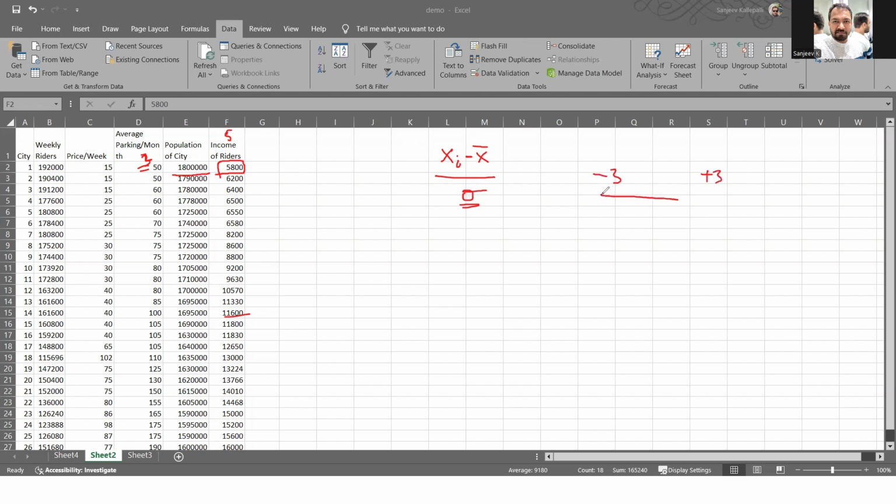If you remember from our previous sessions, once you have the standard deviation, you do not have any units. Let us say this x is about weight, so kg minus kg by kg. Kg minus kg will still be kg, and because you are dividing by kg, the units get cancelled.